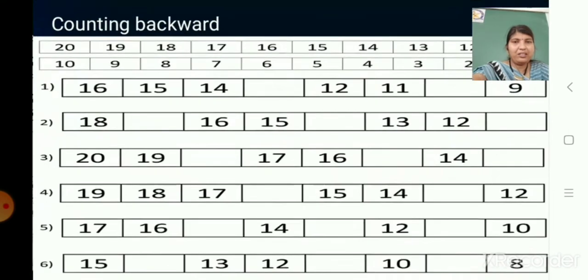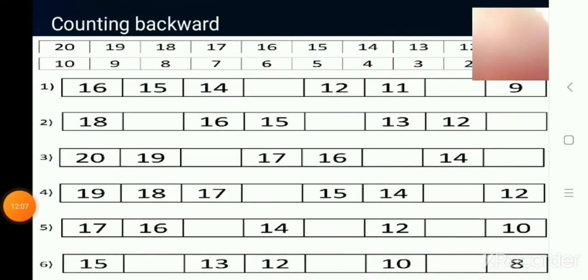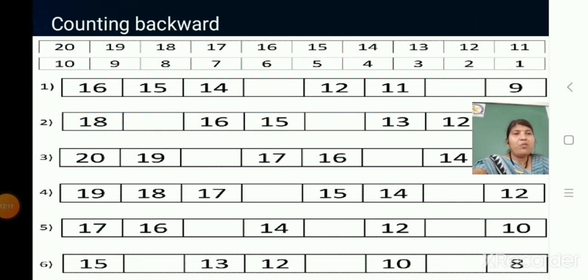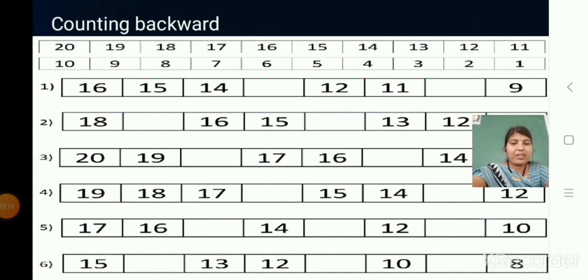Now we will see the next topic. It is counting backward. Now what is meant by counting backward? In forward counting what did we do? We counted forward, adding one each time. Now in backward counting we count down or count back by saying numbers in reverse order.